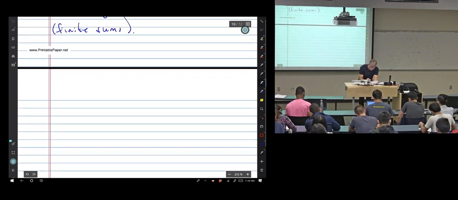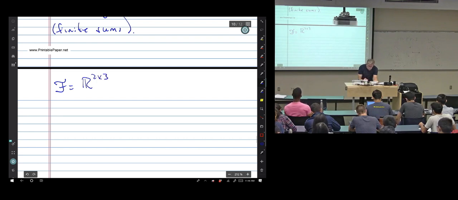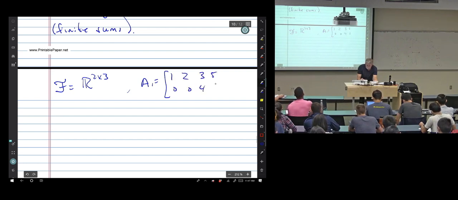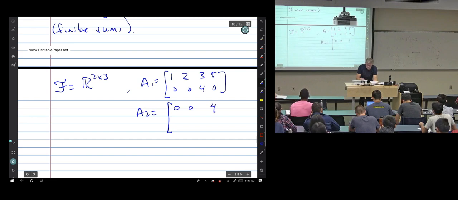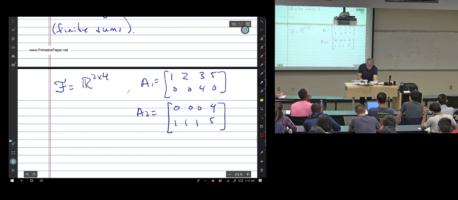Okay. I had my F equals R to the 2 by 3, and then I don't know what I had, 1, 0, 2, 0, 3, 4, 5, 0. Whoops. 2 by 3, and I've got 4 entries. So what's easier to change? This number. And 1, 1, 1, 5, okay.